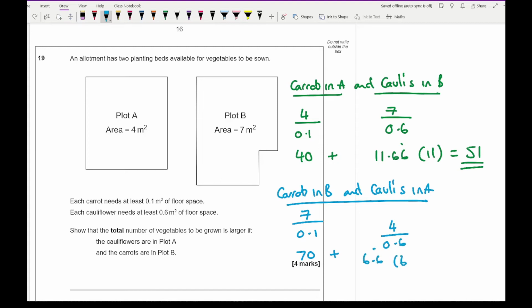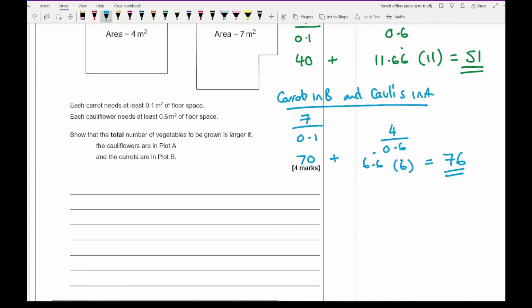So that's roughly 6. So then that's going to give me a total of 76. And that is why there is more in this combination in blue than there are in green. So therefore 76 is greater than 51.